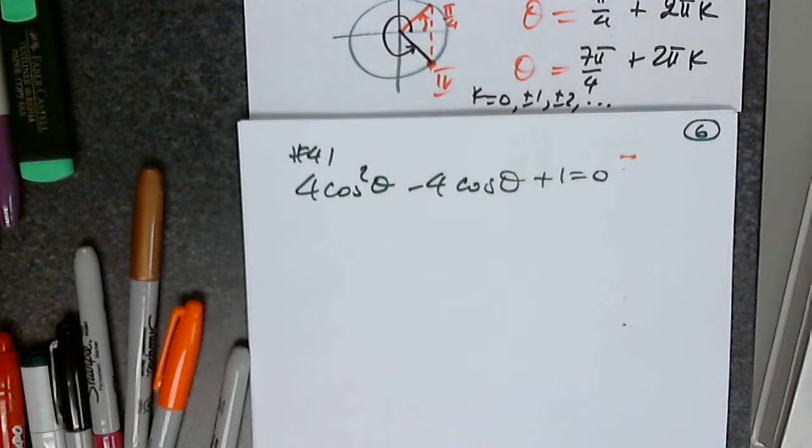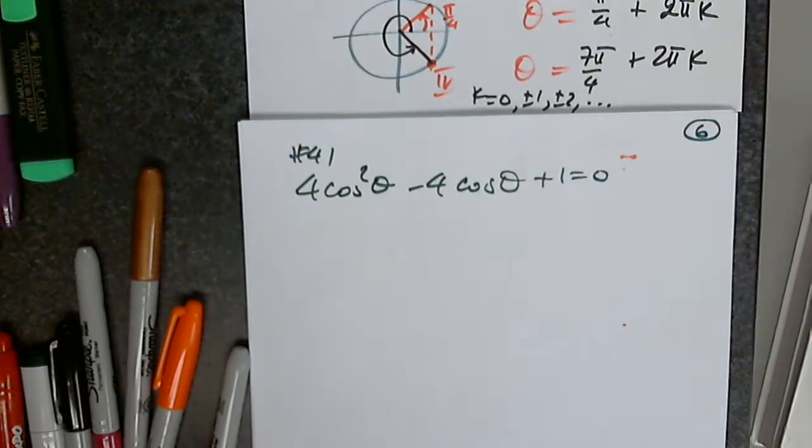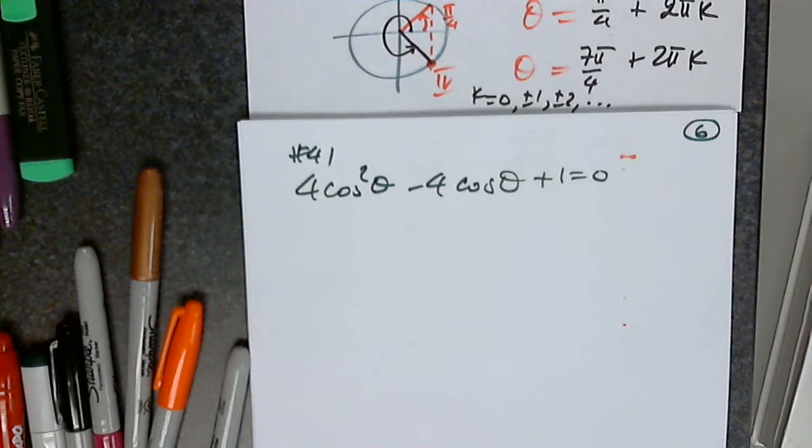Look at this carefully and tell me what to do. No, we will not pull anything out. It's a quadratic equation in cosine. If it's a quadratic equation in cosine, I cannot pull out anything.